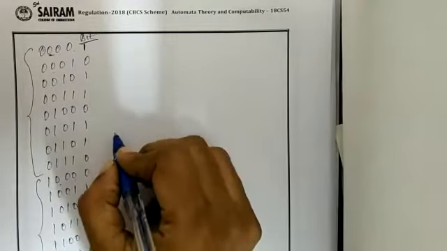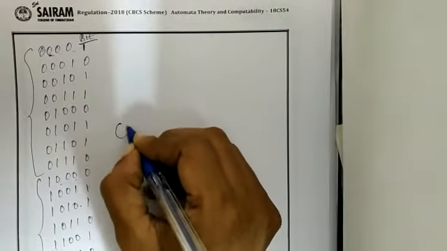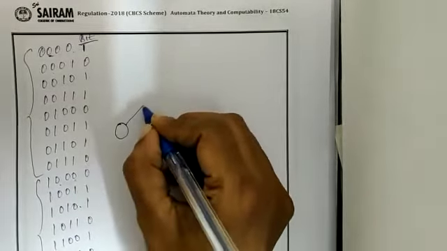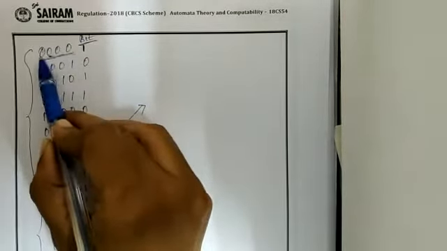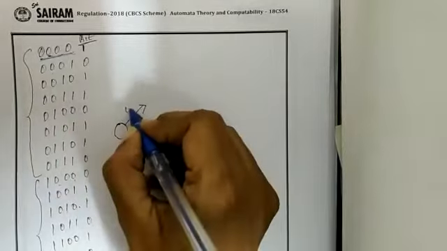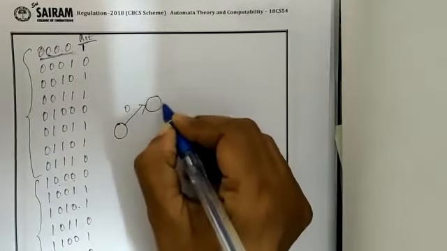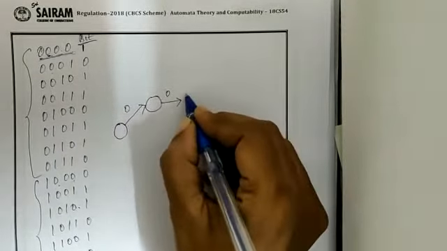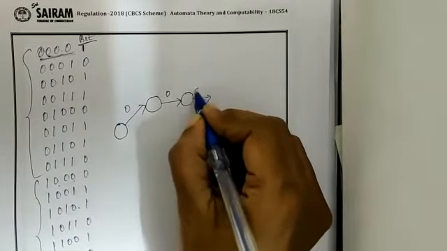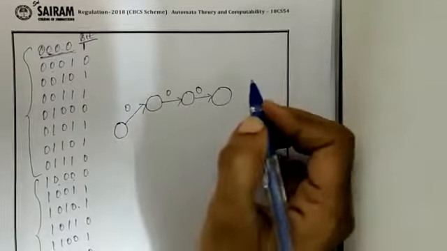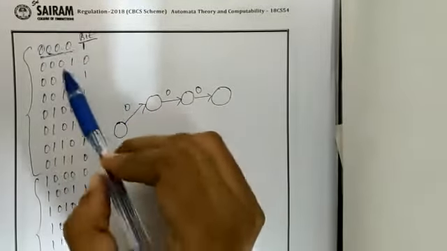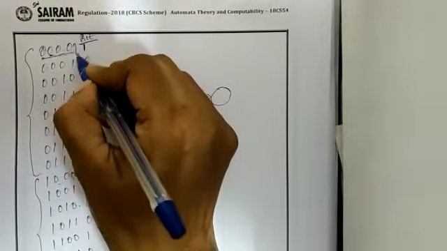So how will I start? Here I'll take this combination: 0, first 0, second 0, third. And coming to the fourth, you take these two.